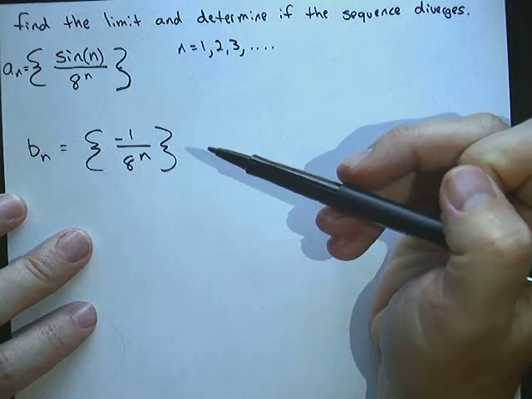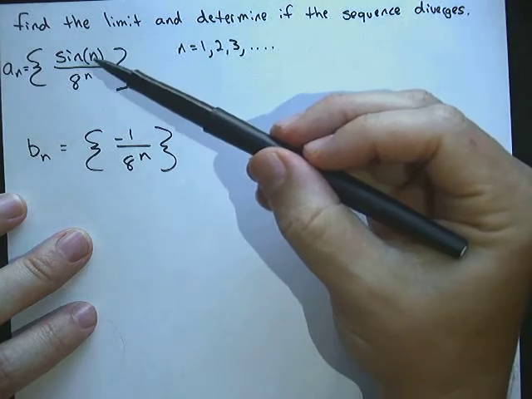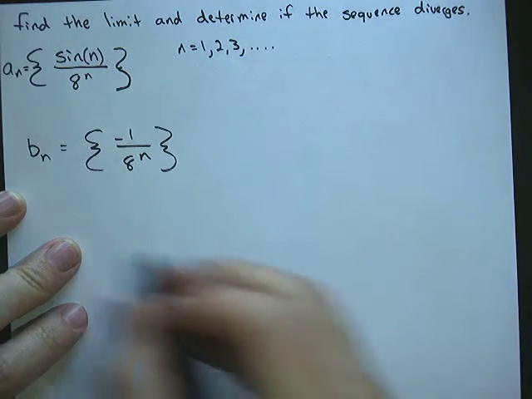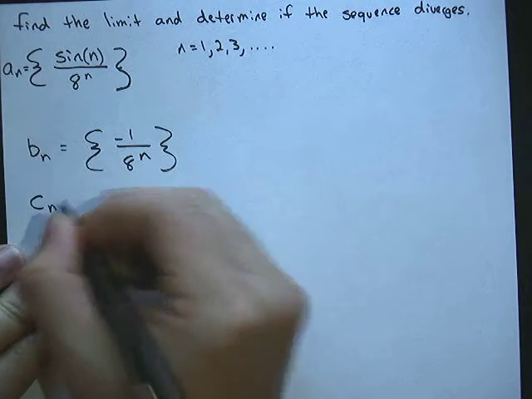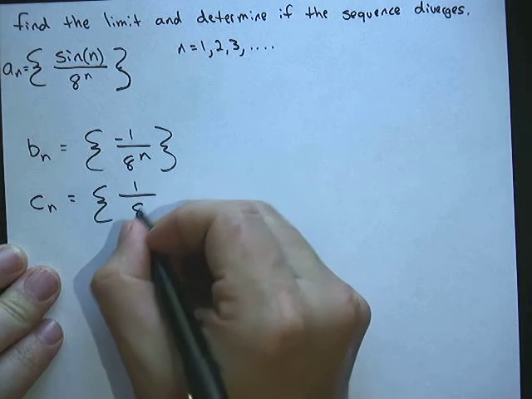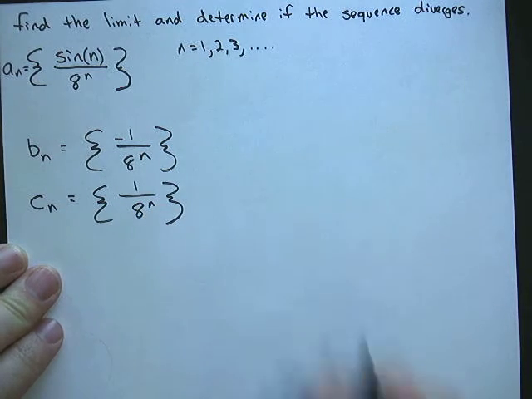Now I want the absolute biggest that sine can be, and the maximum value sine can ever take on is 1. So C sub n is equal to 1 over 8^n.